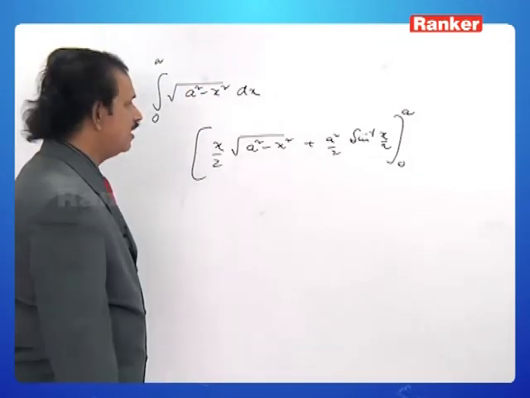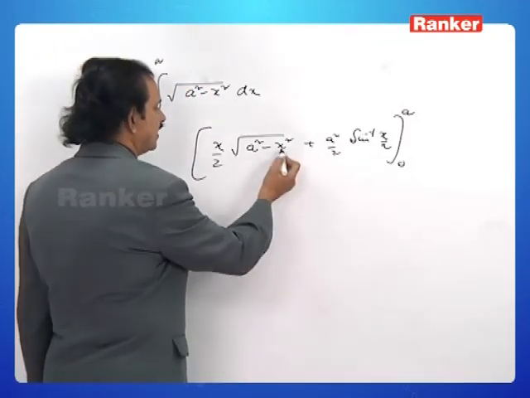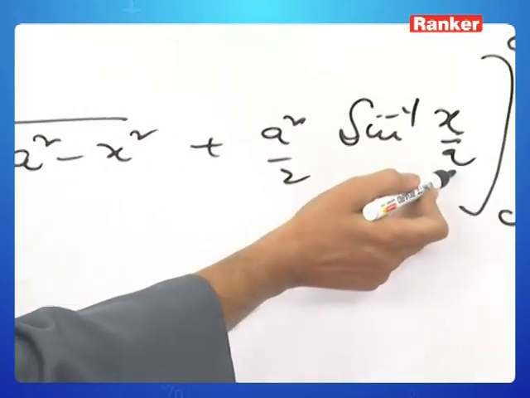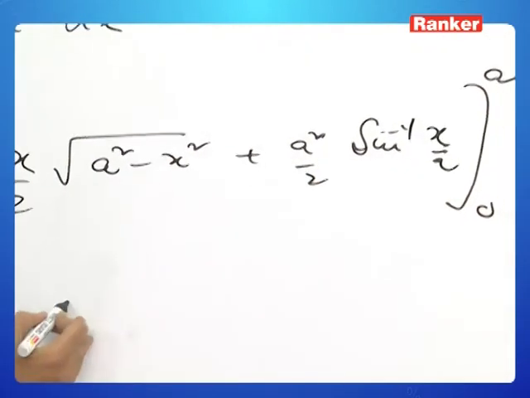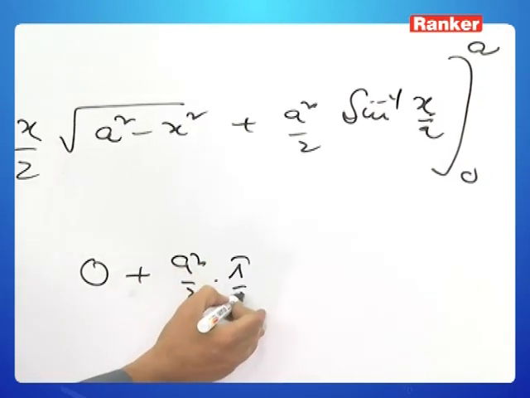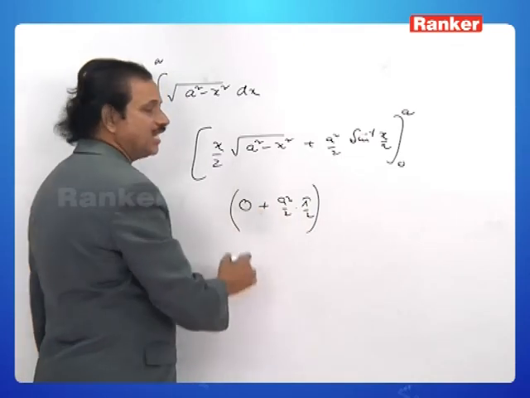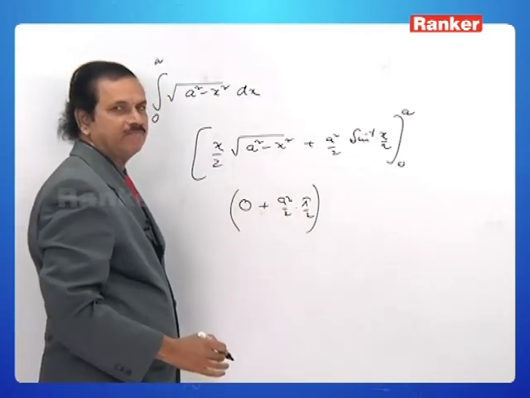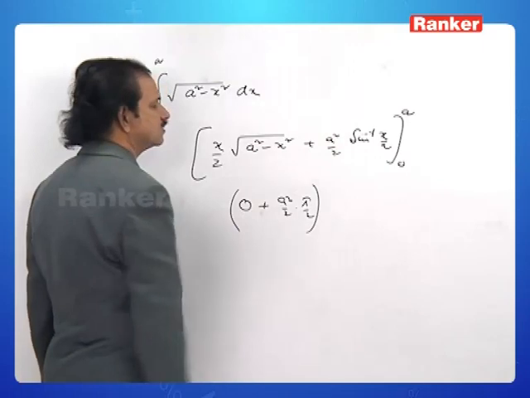Come on, you put a first of all. a square minus a square is 0. a by a is 1. Sine inverse 1 is pi by 2. a square by 2 into pi by 2. This is all the value that has been obtained by taking a in the place of x.